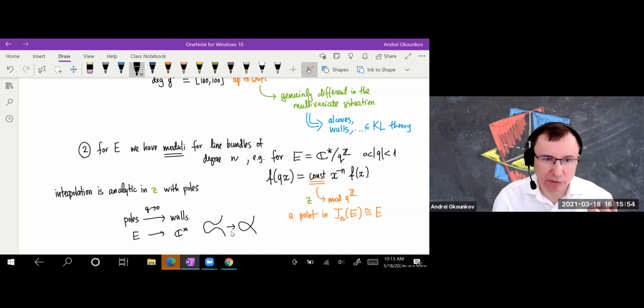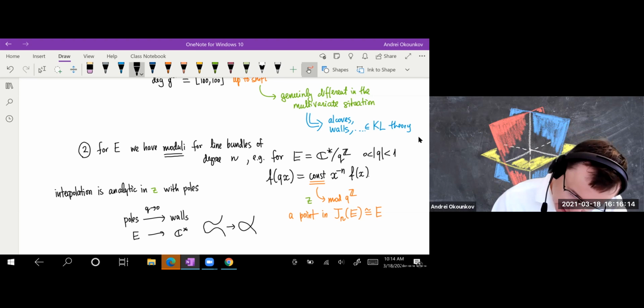You know, we're trying to fit a section of a line bundle, that is to say, a solution of a q-difference equation. We're trying to fit a very simple q-difference equation to the data, and there is a parameter. Their result will be analytic, and with the analyticity there will be a pole in this formula, and for the simple reason, why is that?